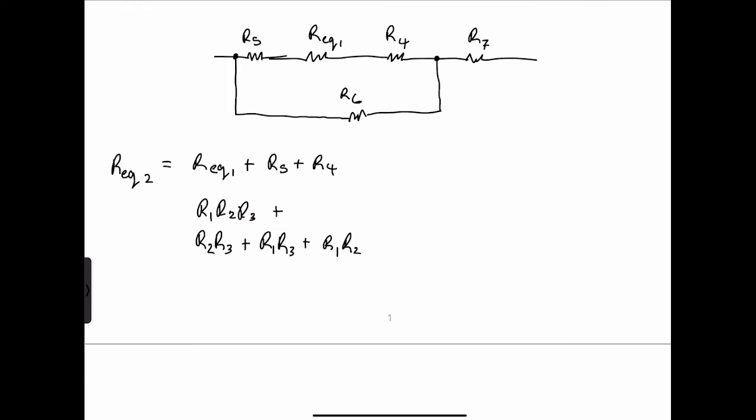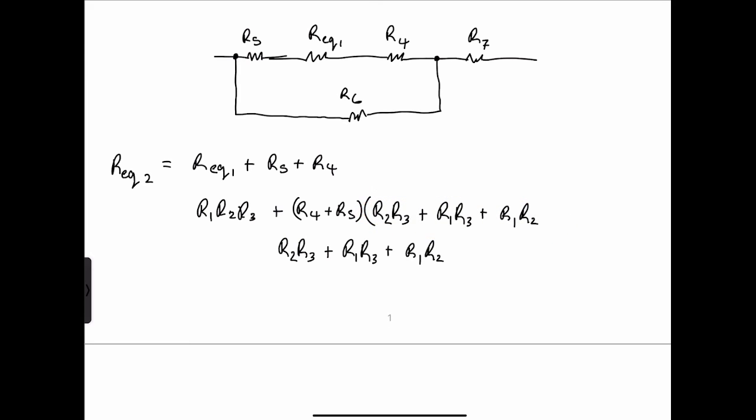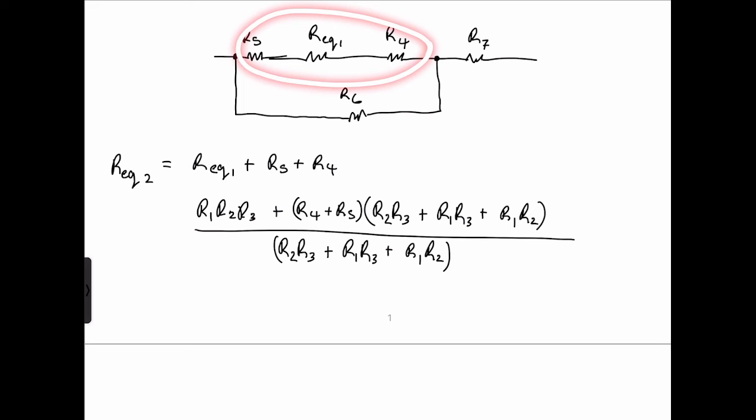So let's move that. R4 plus R5 multiplied by the common denominator. Let's move that over. Duplicate that up top. There we go. So that's our equation for R equivalent 2. So now we can further simplify this and move along.